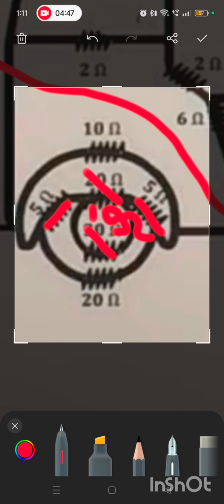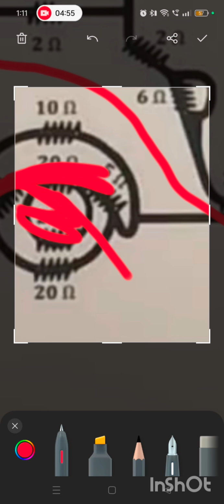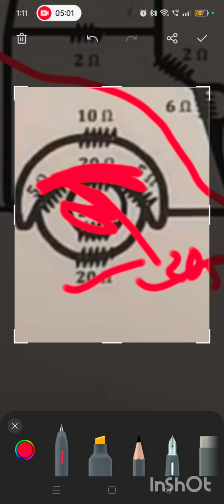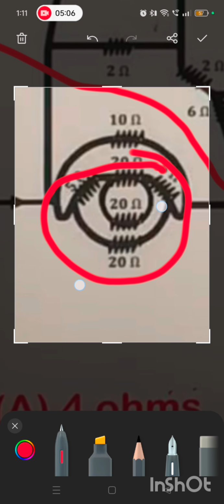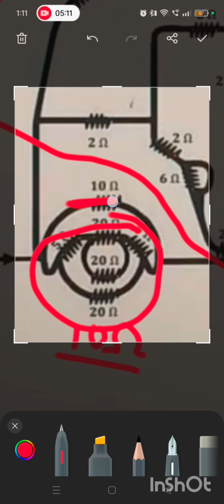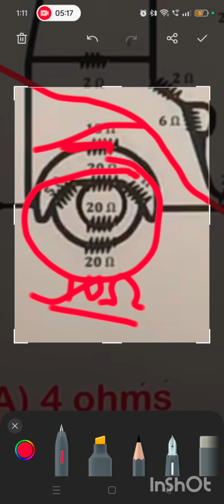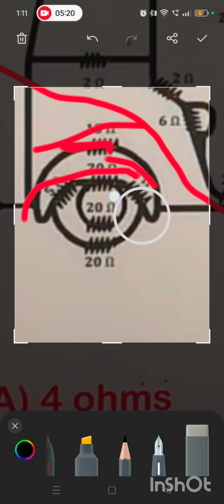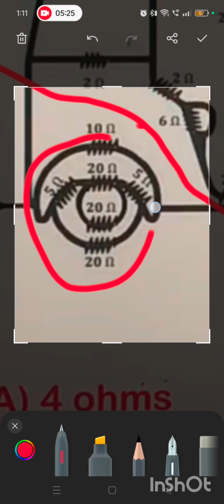Now this 20 ohm and this 20 ohm are again in parallel, which will form 10 ohms. This wheel forms 10 ohms, and this 10 ohms is in parallel with the cover of the wheel, which will form 5 ohms. So this wheel forms 5 ohm.